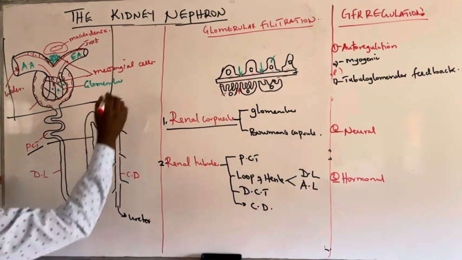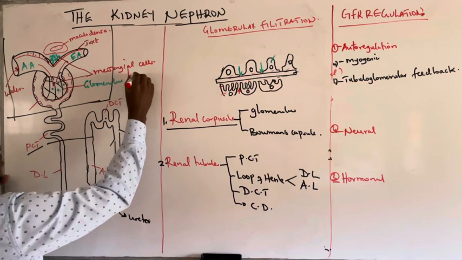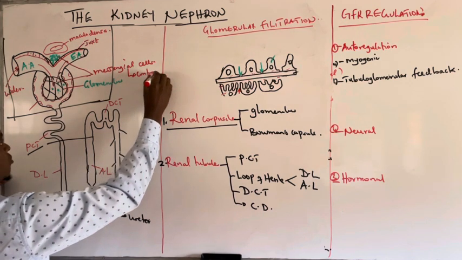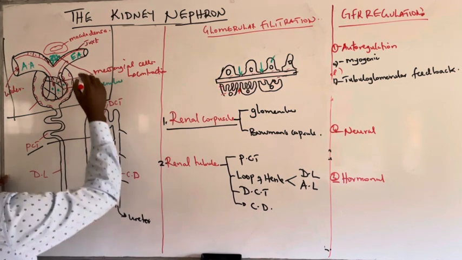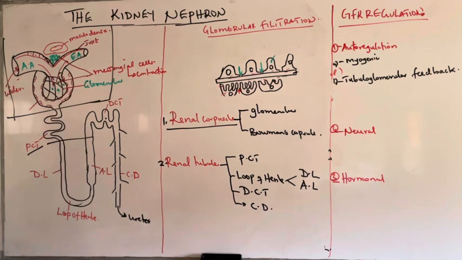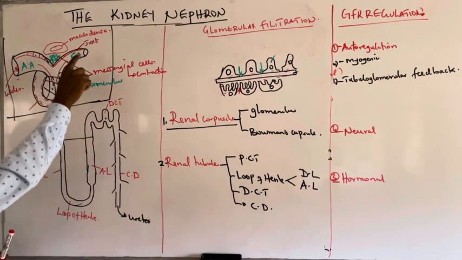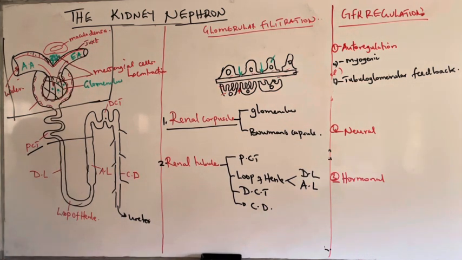They play a big role in the contraction of the afferent and the efferent arteriole. So that is the mesangial. Mesangial means in the middle of arterioles. So that's why we find it in the middle of the afferent and efferent arteriole.